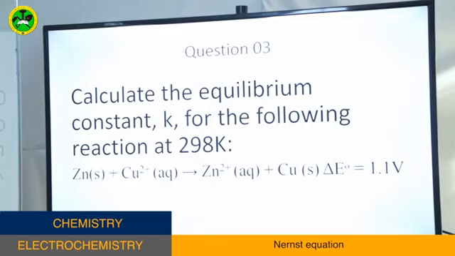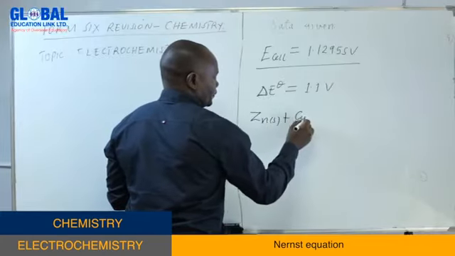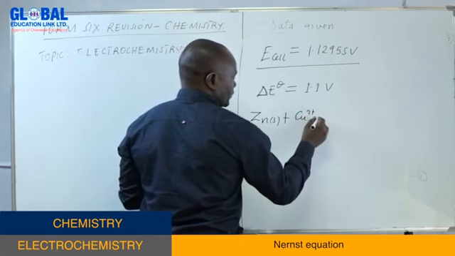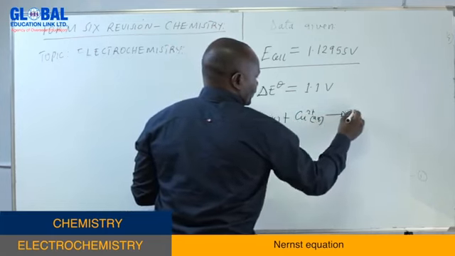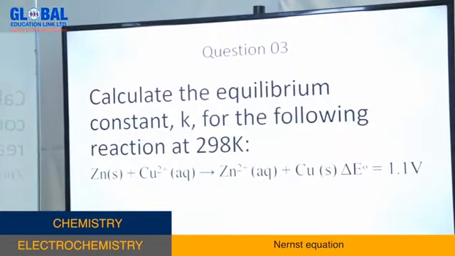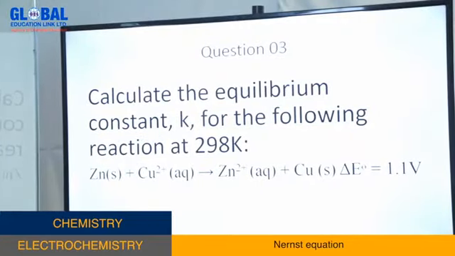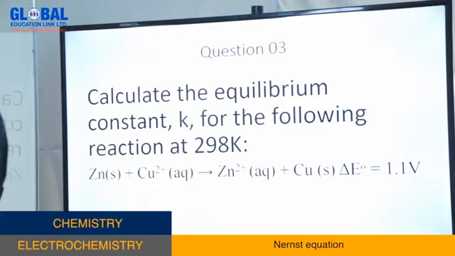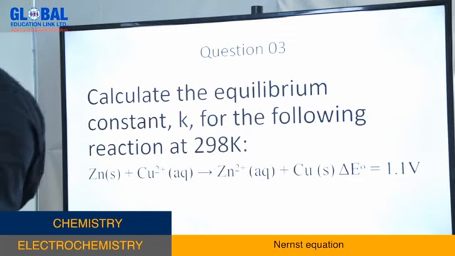And our cell equation is zinc solid plus copper 2 ions to form zinc 2 ions plus copper solid. So that is our overall equation of that redox reaction.